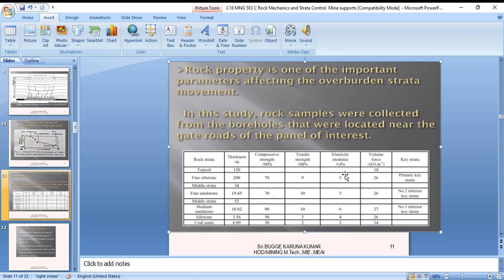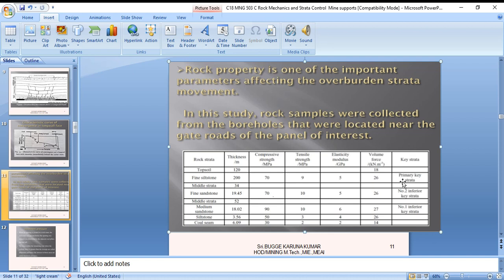The compressive strength and volume force are here. And also sandstone, fine sandstone, thickness is given, compressive strength and tensile strength are also given, along with elastic modulus and volume force.